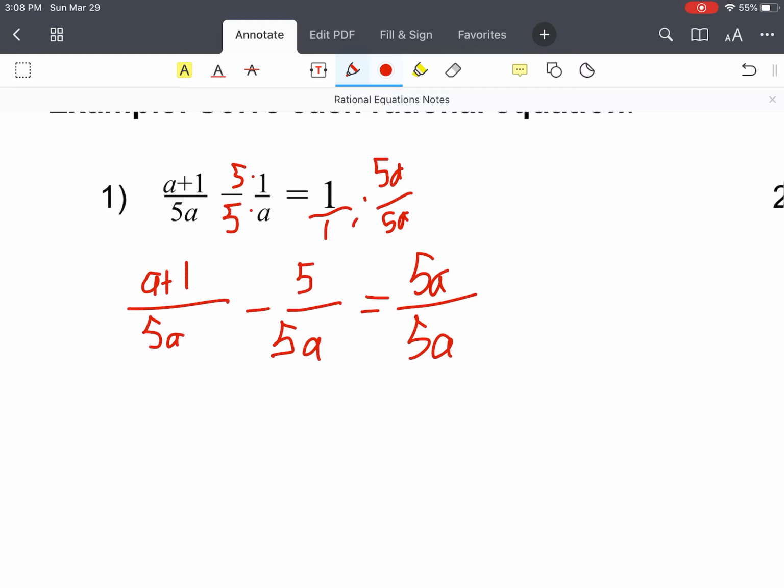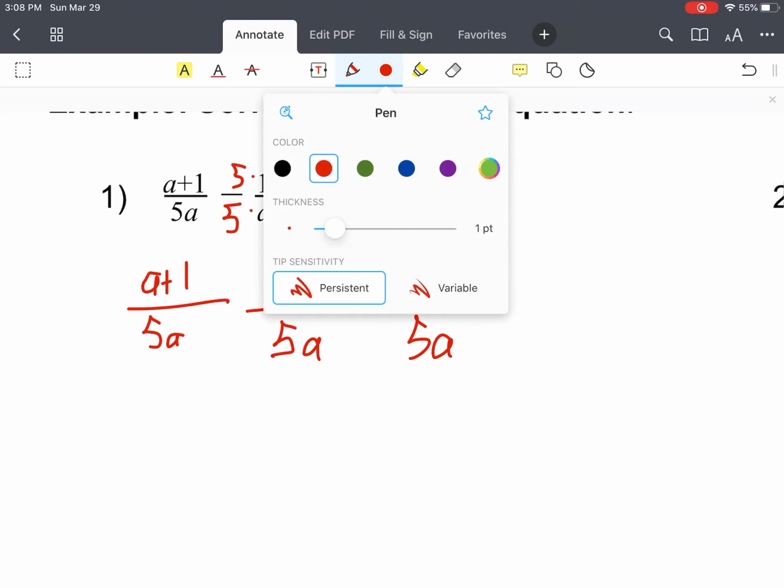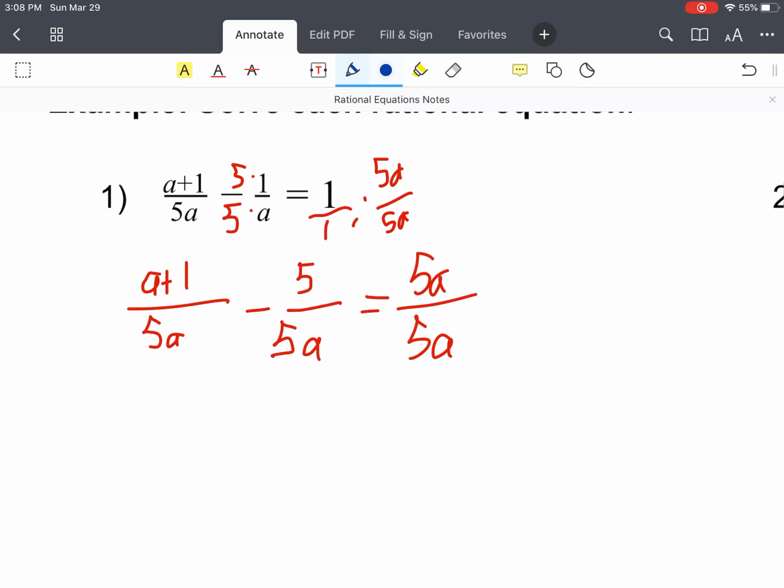Now here's the thing. Since every single fraction in the problem shares the same denominator, we can multiply both sides by that denominator, and look what happens.